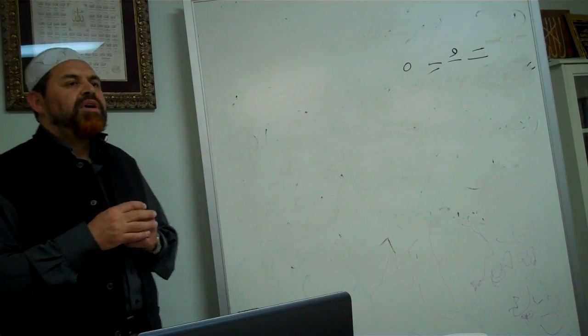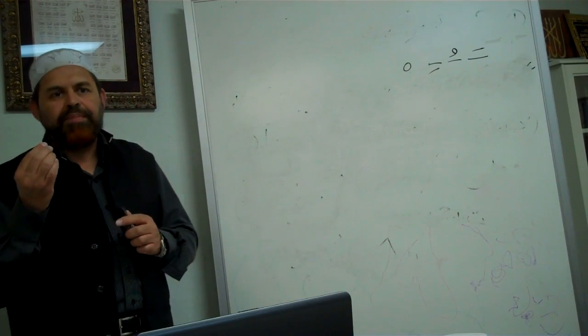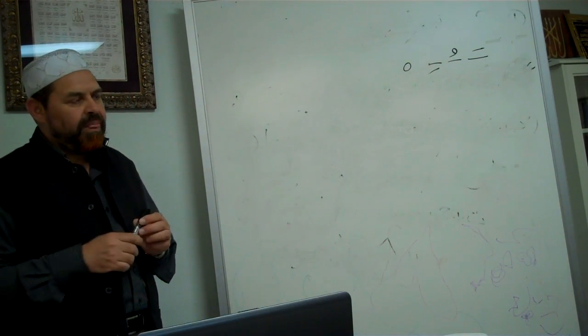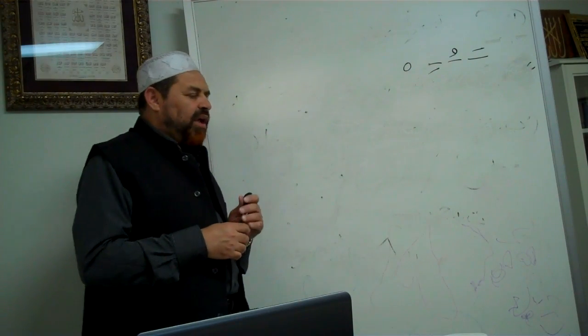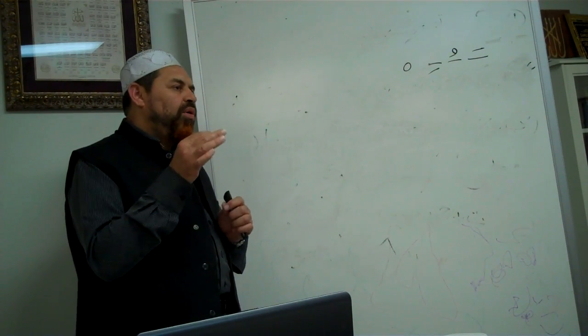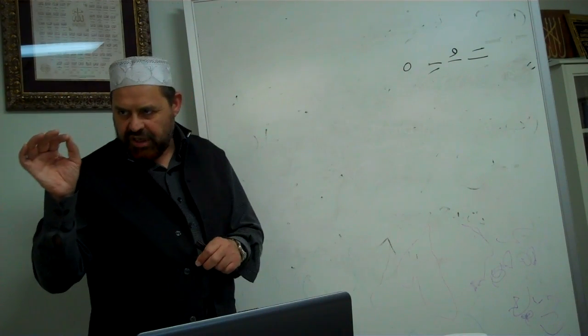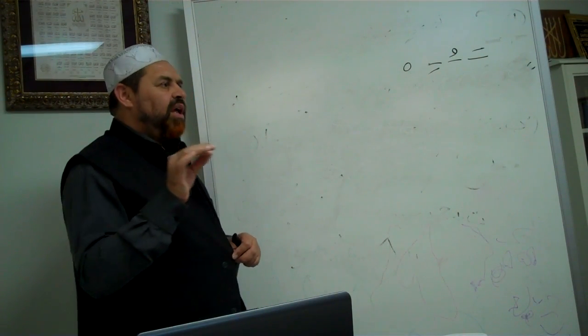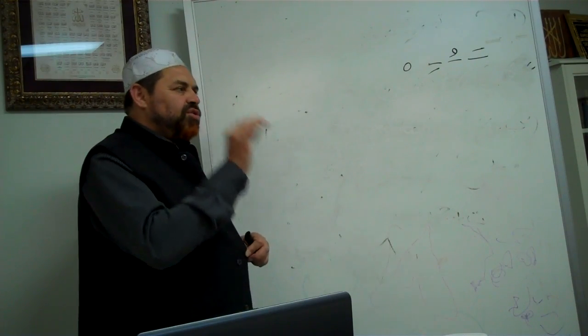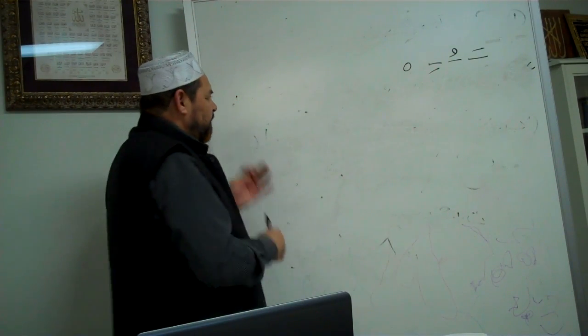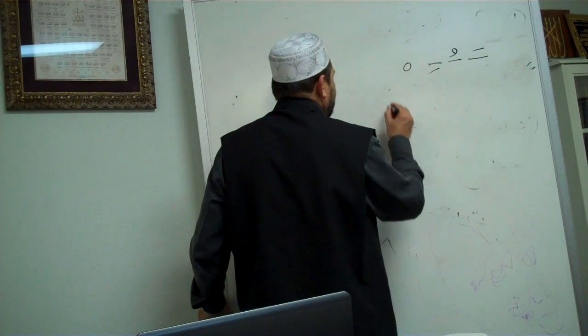When vav or ya become consonant, this is important to understand. So remember, if any vav comes in the beginning of the word, whenever you see the letter vav in the beginning of the word, that vav will be a consonant, not the vowel. So this is one point.